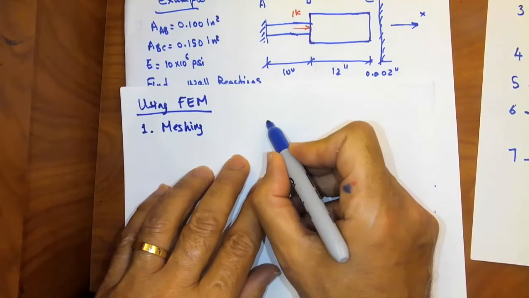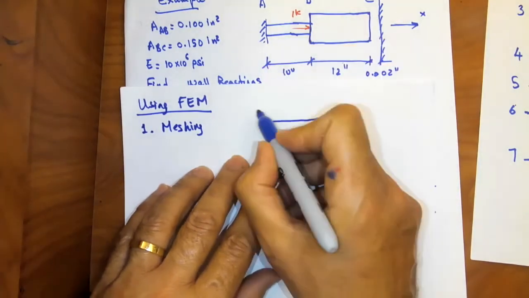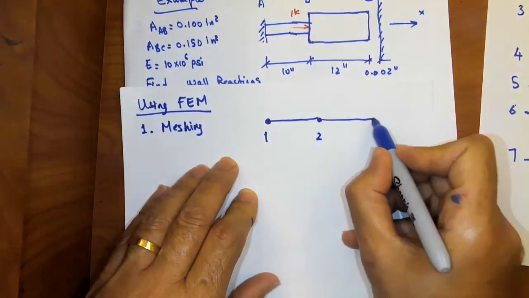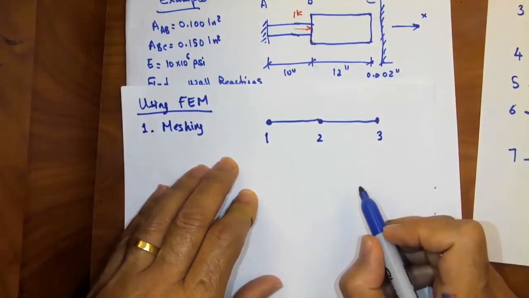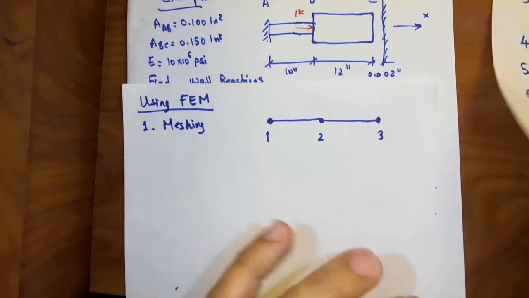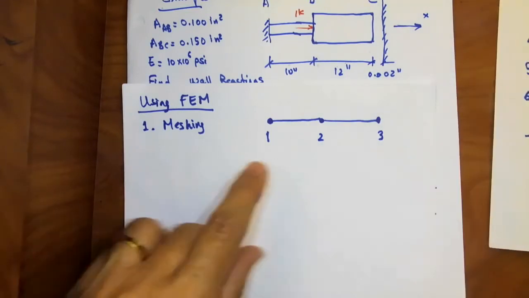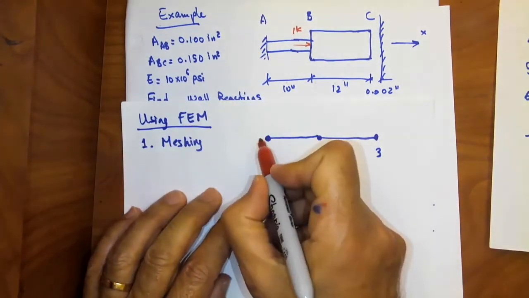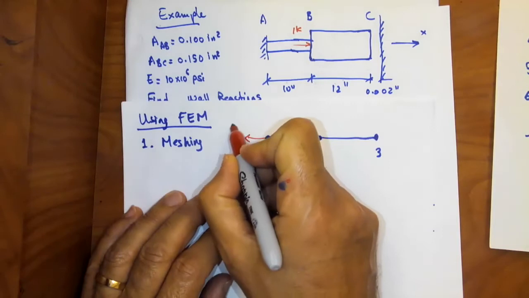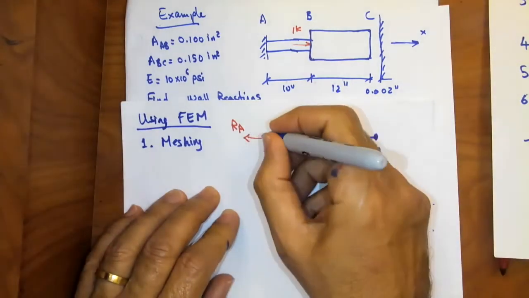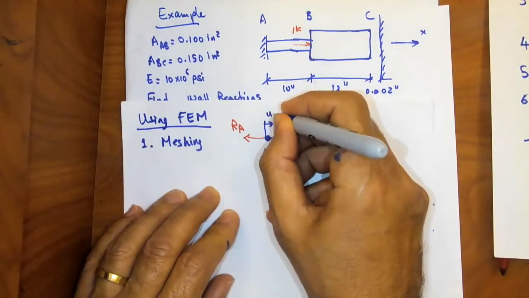So node A, or point A, is going to become node 1. B is going to become node 2, and C is going to become node 3. Now, at node 1, I have a wall, meaning I have a reaction RA. That's my external force that I do not know. I also have a displacement U1 that is equal to 0.